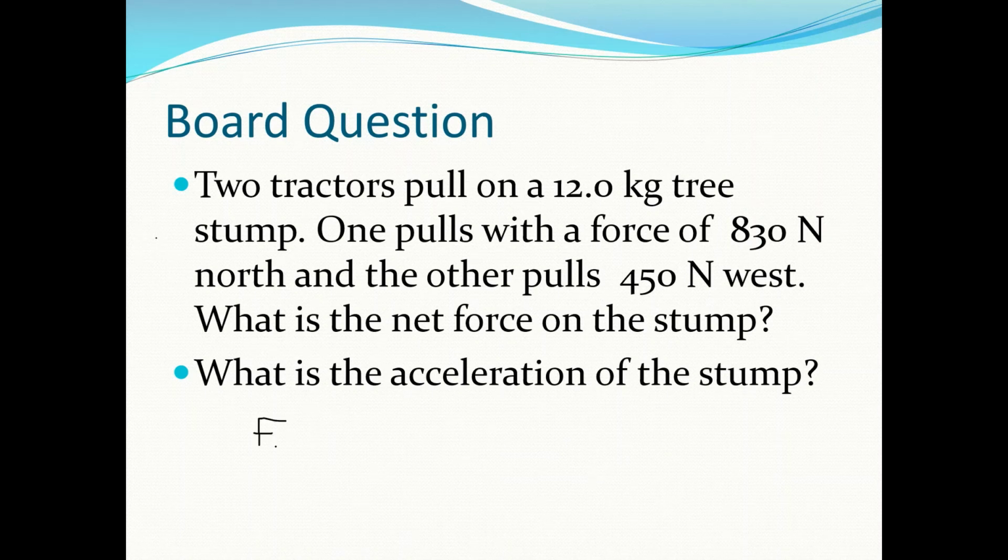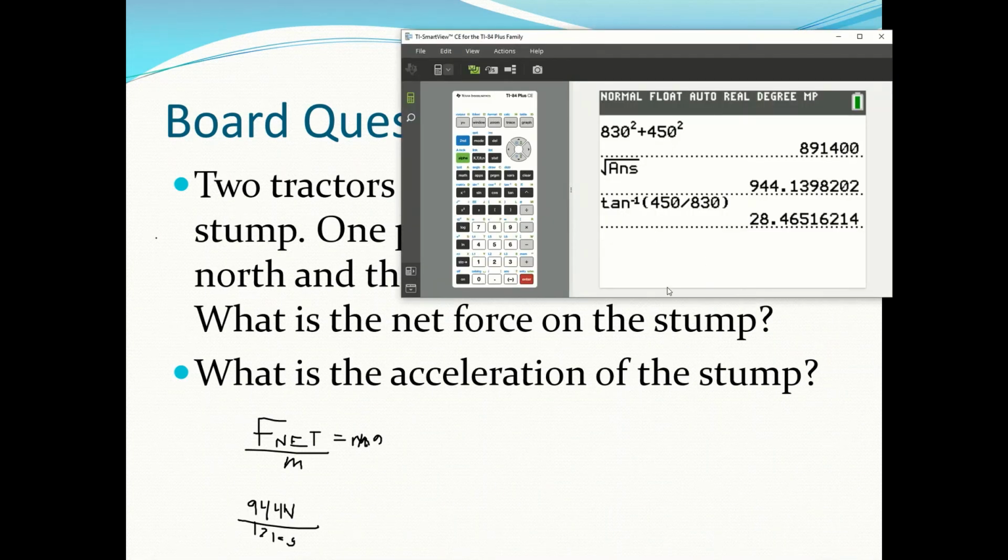So F net is equal to ma. And we already found F net, so if we just divide it by the mass, that's really easy, right? What we found for our question was 944 newtons. So if we divide it by the 12 kilogram tree stump, we can find our acceleration really easy. So it's just 944 divided by 12.